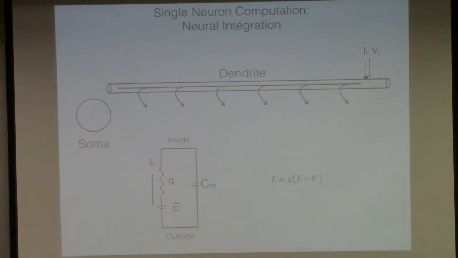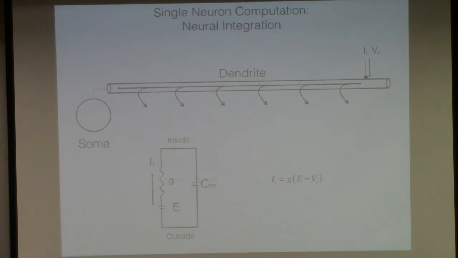And the first kind of information processing that we're going to now think about is what has been called neural integration. And so what are some general concepts underlying the way in which neurons combine synaptic inputs within their dendritic tree to compute and analyze those inputs.